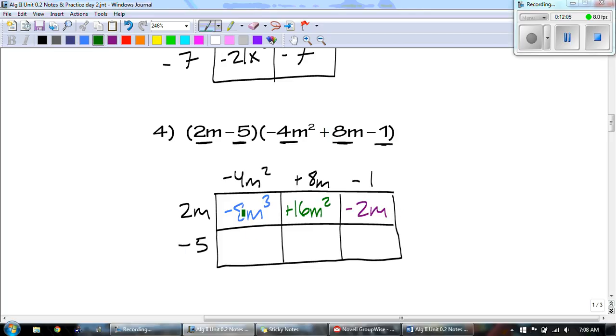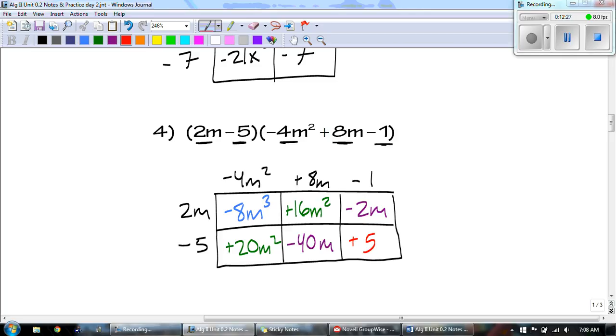Negative 5 times negative 4 would be a positive 20 m squared. Negative 5 times positive 8 would be negative 40 m. And then the last box is negative 5 times negative 1, which would be a positive 5.